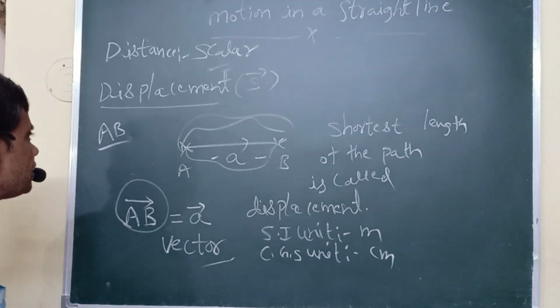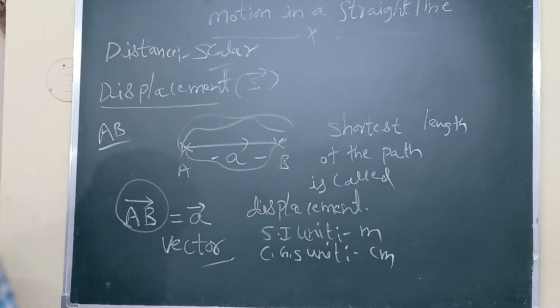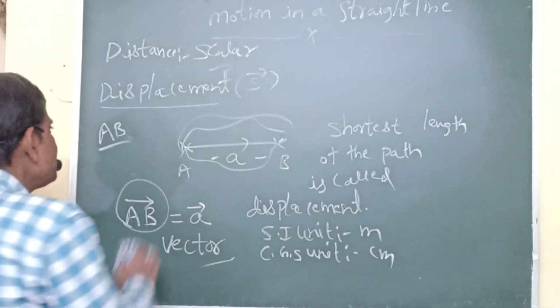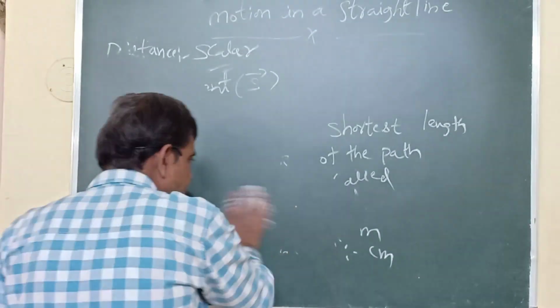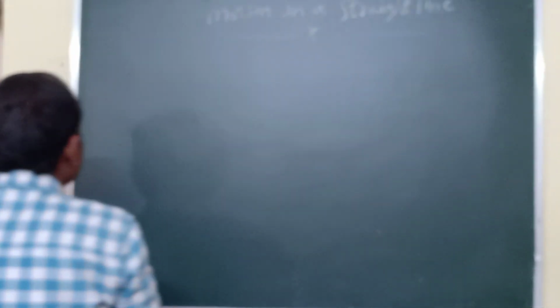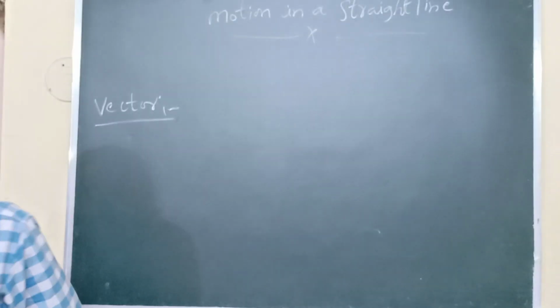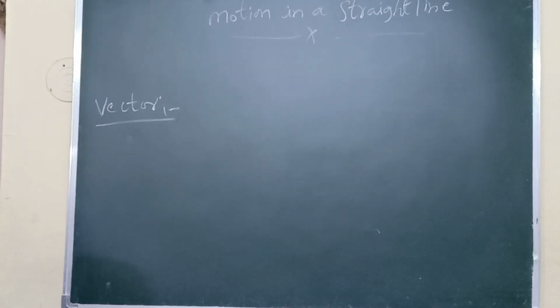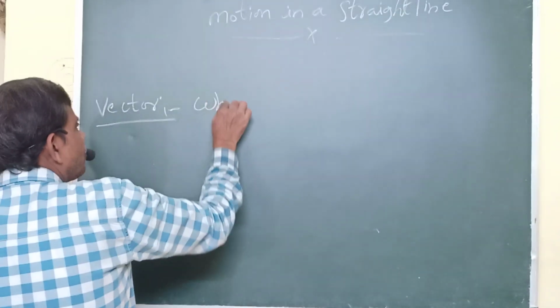Now, let us go to the definitions of vector and scalar. What is vector? Which physical quantity having magnitude and direction and follows vector algebra?